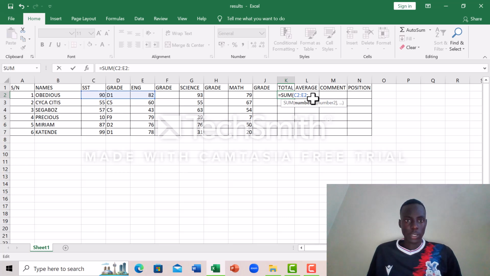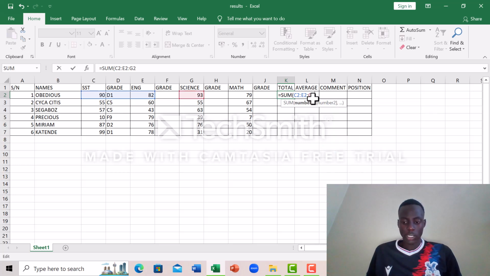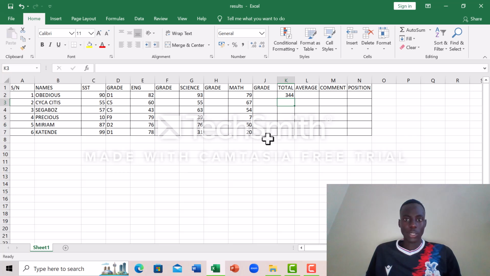Then we shall go to G2, plus G2, then with I2, then we press shift, then press enter. So it has brought us 344, which is the total.